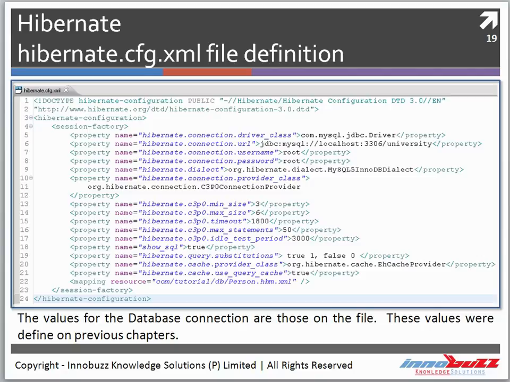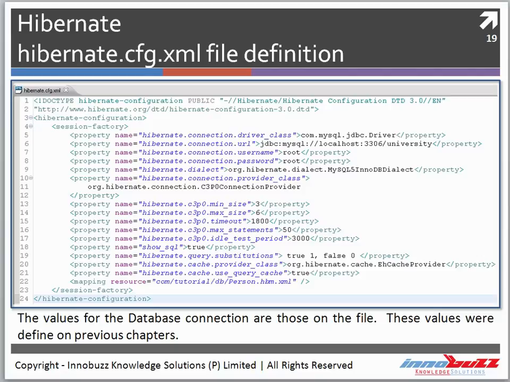Then, on line 10, it is defined the connection pool we're going to use for the examples. In this case, we are using C3P0, which is a very useful library for connection pools. After this, the pool properties are defined like the minimum size, maximum size, and timeout.